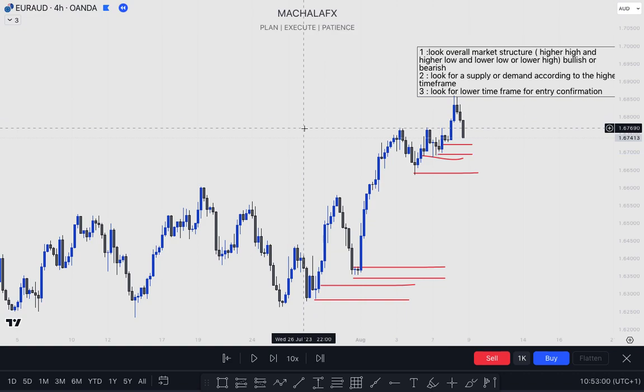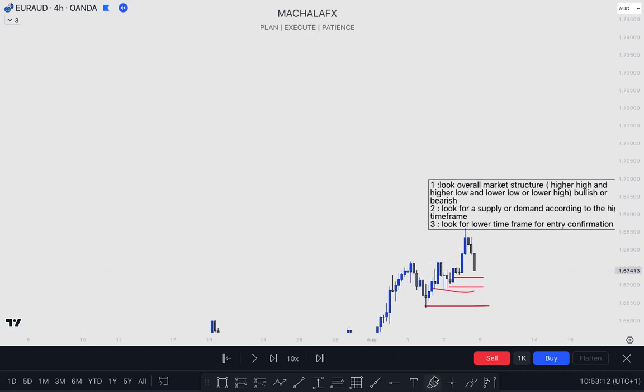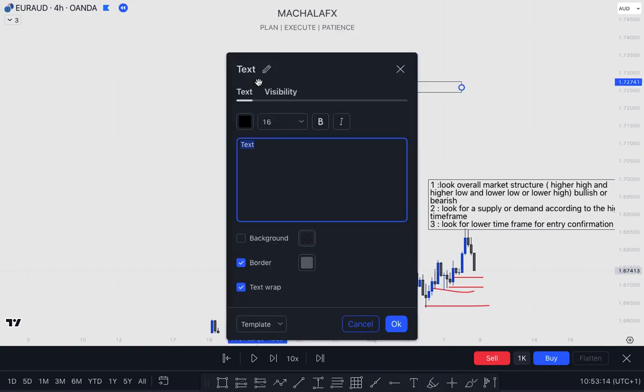Now, in order to confirm that your supply and demand level is actually going to hold, to know if it is high probability, because not all are going to hold, let me write it. One, it must break a structure to the upside or downside.